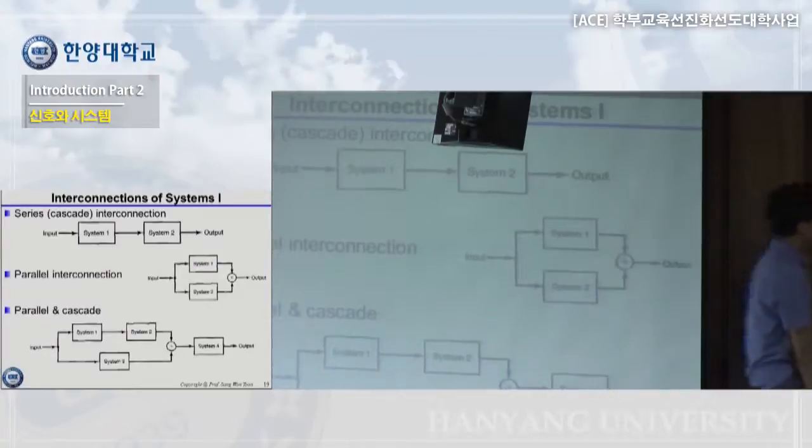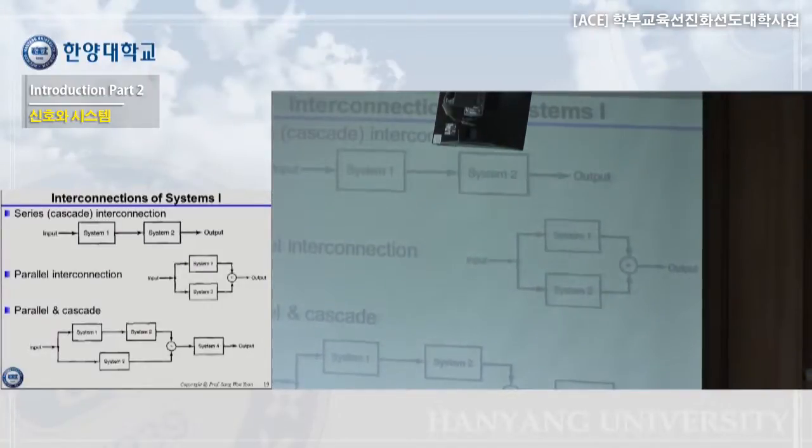So let's segmentize it. We have system 1, system 2, system 3, system 4, and that's the output. And we have an adder here.